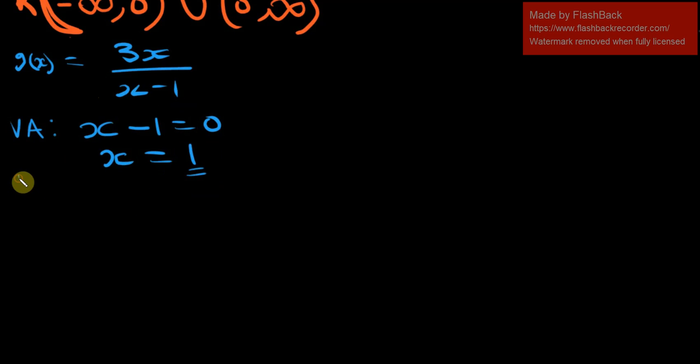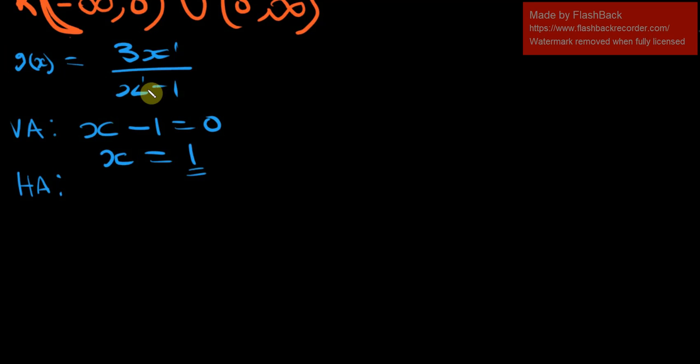Cool. What about the horizontal asymptote? For the horizontal asymptote, we look at the degree of the polynomials. Looking at this, all the polynomials are of degree 1.